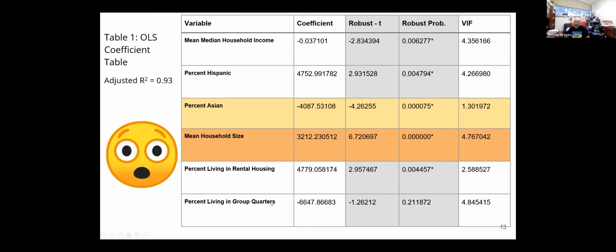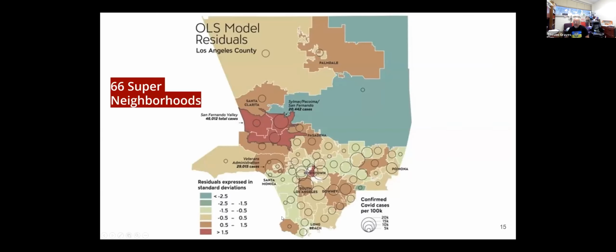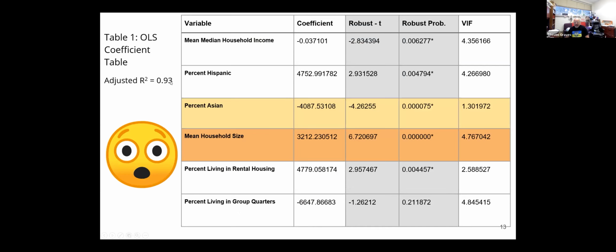Now, we added that at the end in order to explain a couple of the sort of crazy outliers. There was the West LA Veterans Administration Hospital, an outlier that we couldn't explain until we threw that in there. And up in Castaic, I think it was Castaic, there's apparently a prison facility or a detention facility of some sort that was also a constant outlier in terms of having a really high rate. And so we were explaining again about 93% of the variation.